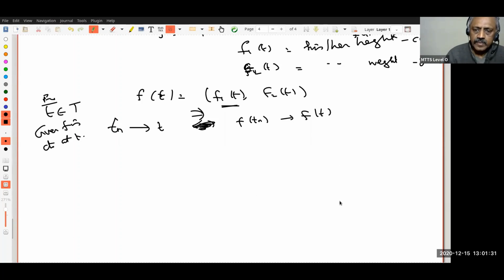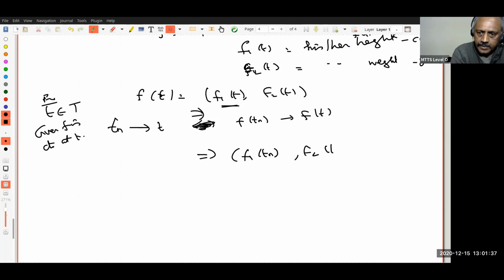Okay. But what is f of Tn? F of Tn is f1 of Tn and f2 of Tn, right? Now what are they? They are vectors in R2. And what do I know? This converges to f of t, but that is f1 of t and f2 of t. Do you understand this?